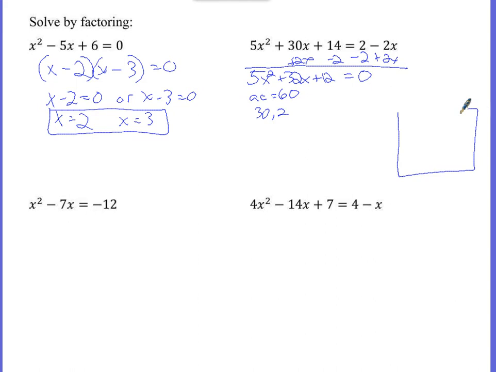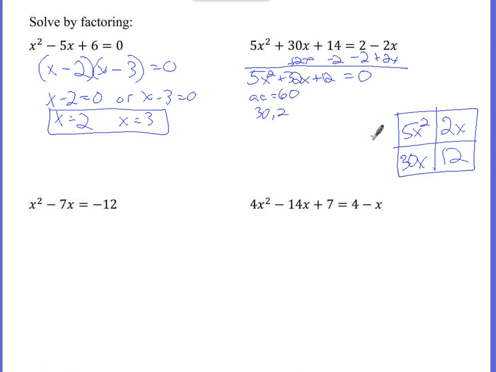Set up the box. Five x squared in the first box. 12 in the last box. 30x in one box, and then 2x in the other box. All right, GCF for each row and column.